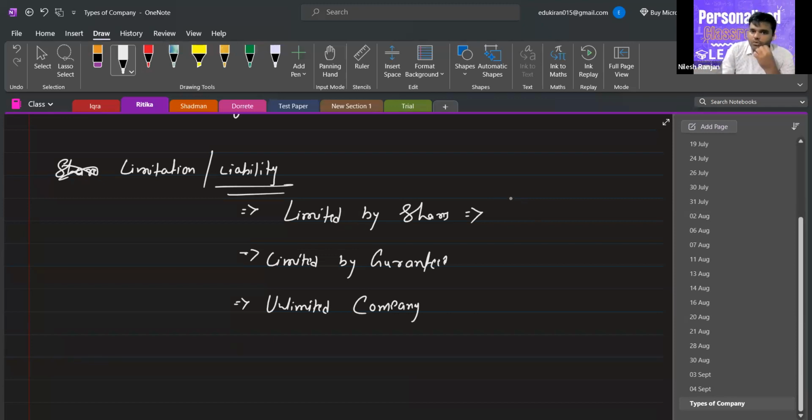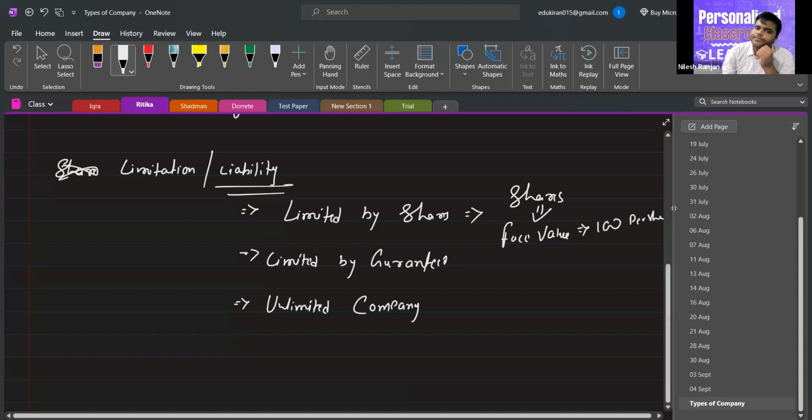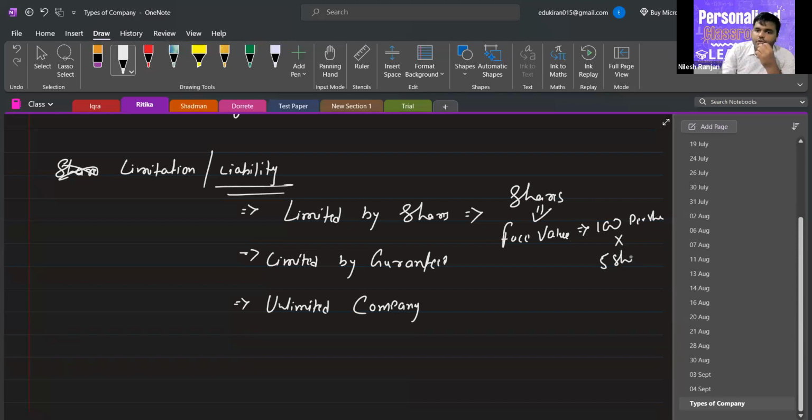Now, these shares have some face value, or you can say nominal value. Let's say the price is 100 rupees per share. And you have purchased 5 shares of the company.